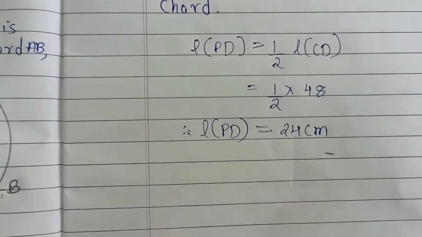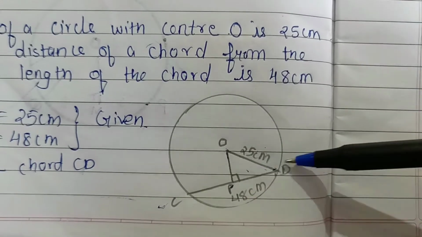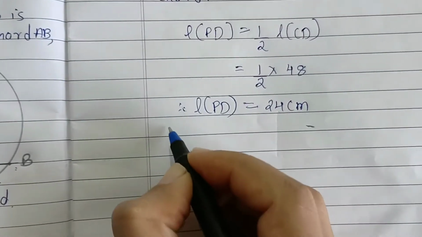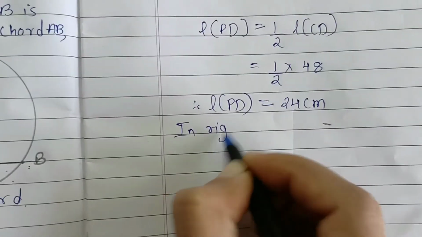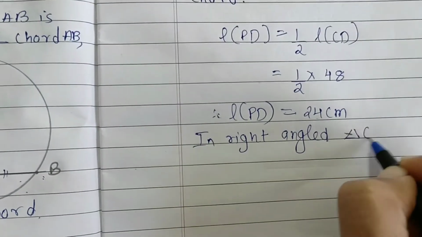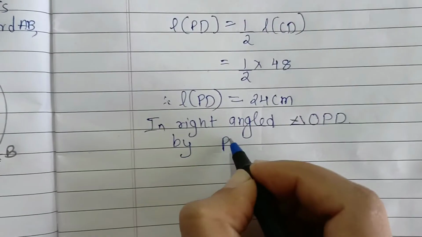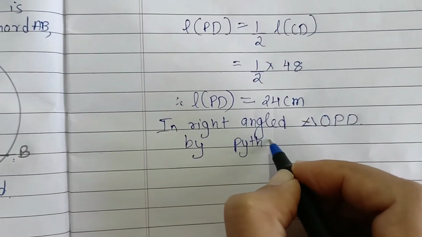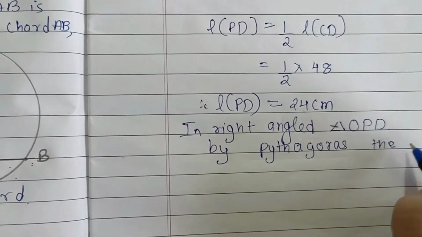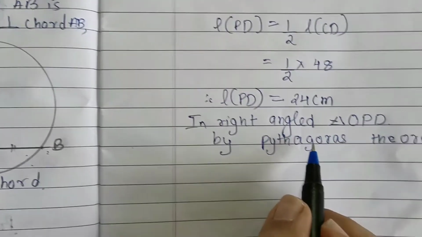Now we'll consider the right angle triangle. That means triangle OPD. So we'll write down in right angle triangle, by Pythagoras theorem. Every time whenever we solve this type of question, we have to write down that since it is a right angle triangle, this information is given, and also we are using Pythagoras theorem.